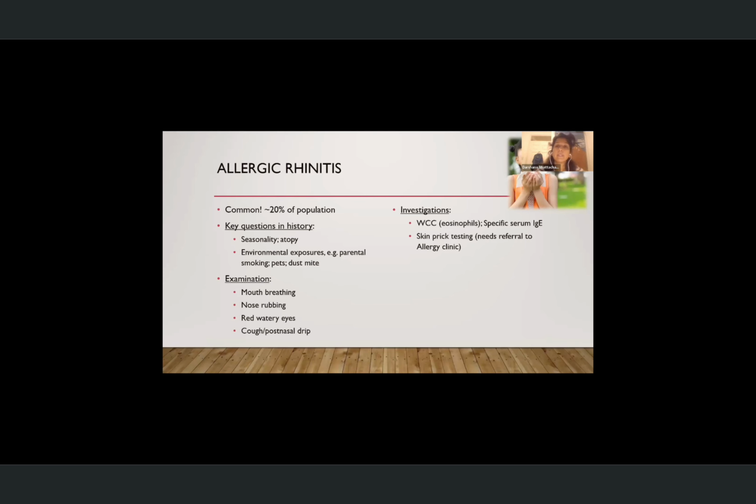If you do investigations, then a total white cell count with a differential to show a rise in eosinophils might be helpful, just to show the allergic component, or you might want to send off a specific serum IgE to various foods or pet dander. Skin prick testing tends to be done by specialist pediatric allergy clinics, so in that case, we'll need a referral.